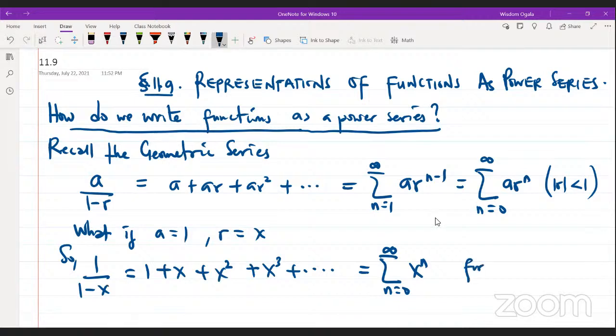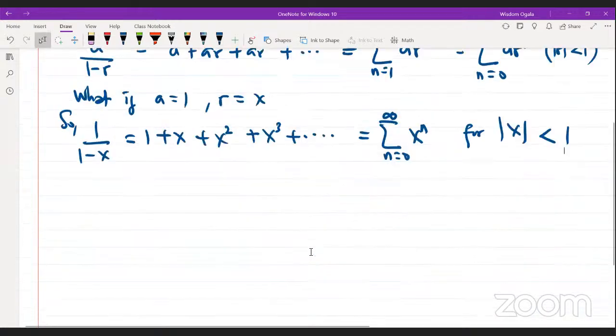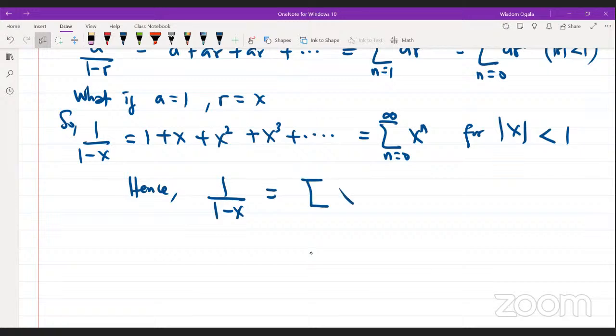And of course, this holds for the absolute value of x less than 1. So it's pretty much the same condition, but you're just making those substitutions. Hence, 1 divided by 1 minus x is the same thing as this. So this is a geometric series, and the sum of this geometric series is just 1 divided by 1 minus x.